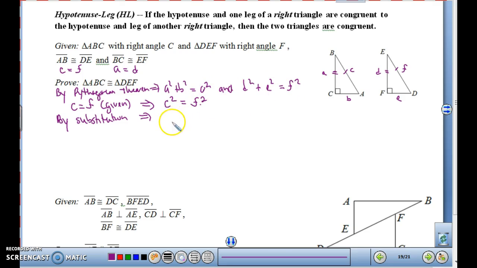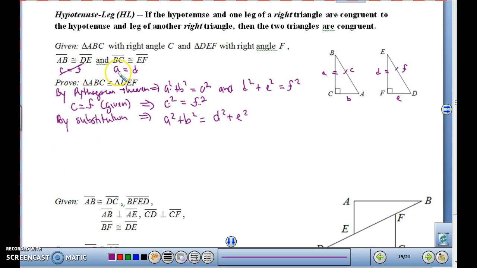That means that a squared plus b squared is equal to d squared plus e squared. So I'm just taking this, plugging in a squared plus b squared, taking this, plugging in d squared plus e squared. So by substitution, that's true. So we have used this given right here.